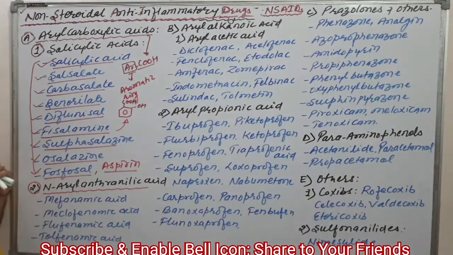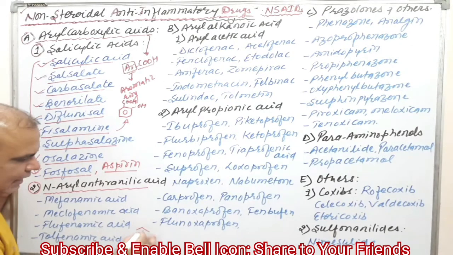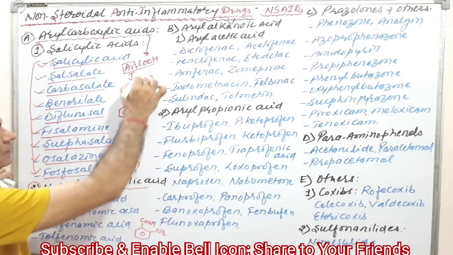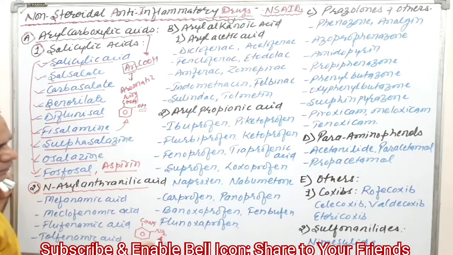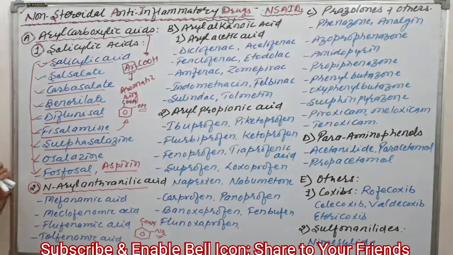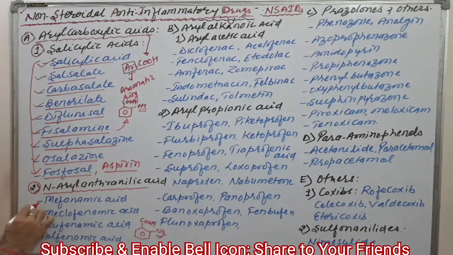What is anthranilic acid? If a benzene ring has a carboxylic group, that is benzoic acid. If the OH group of the acid is replaced by an NH2 group, that is anthranilic acid. The drugs here are mefenamic acid, meclofenamic acid, flufenamic acid, and tolfenamic acid.